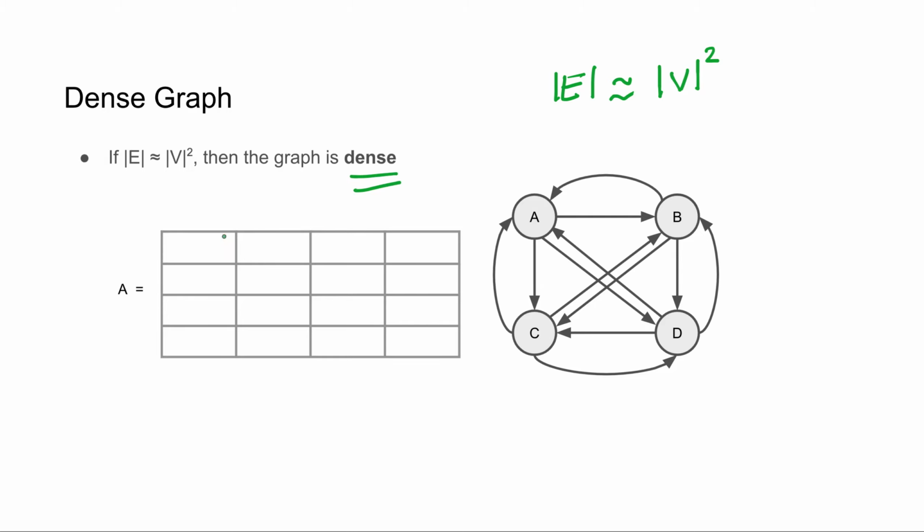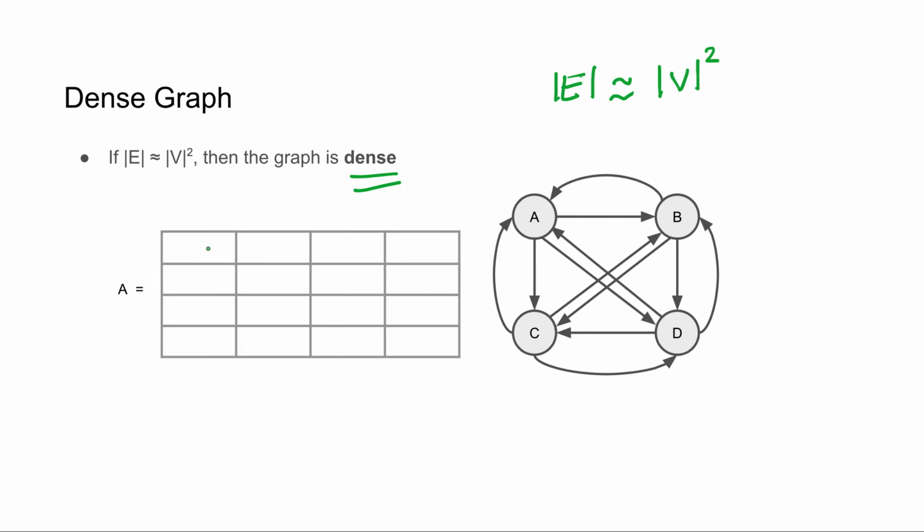In other words, if there is a connection from one node to another node, then the corresponding entry in this table will be 1.